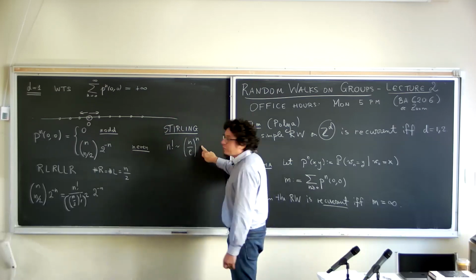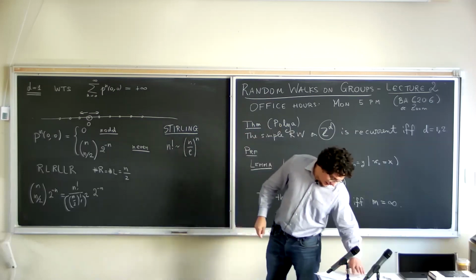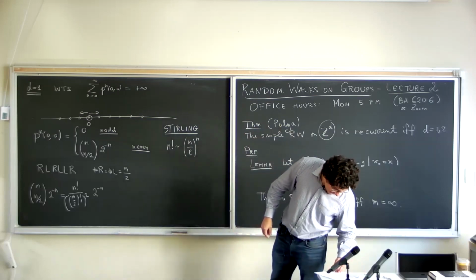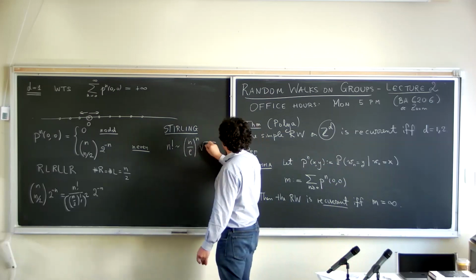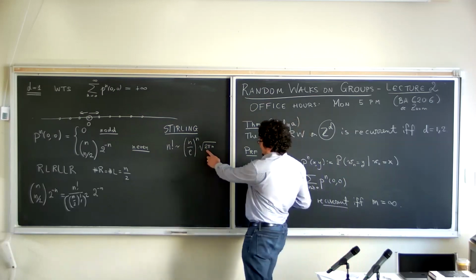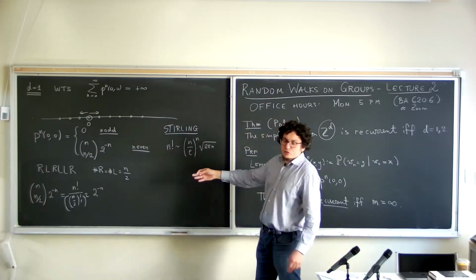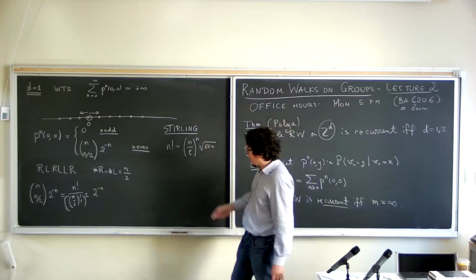Then there's another small factor, which is square root of n, I think. Let me check. Yeah, and there's also 2 pi. If you really want, you can say it's like that. But in fact, to determine the rate of growth, the 2 pi doesn't matter, so let's forget about that.